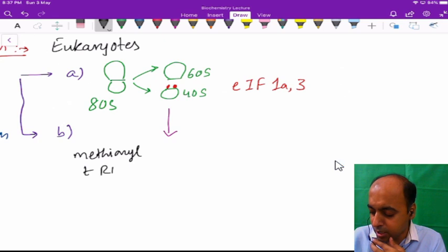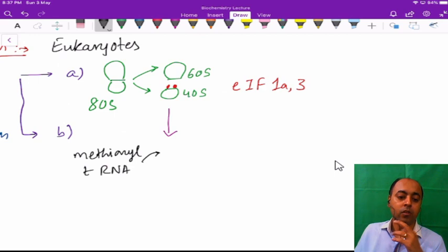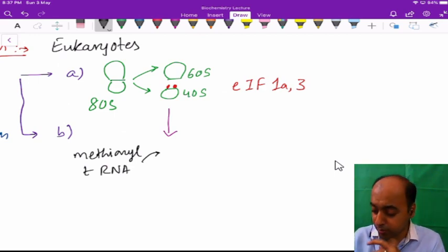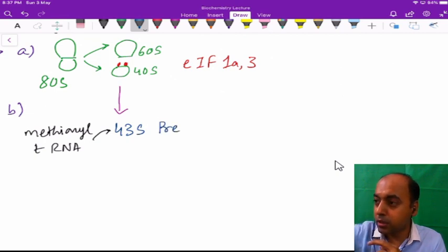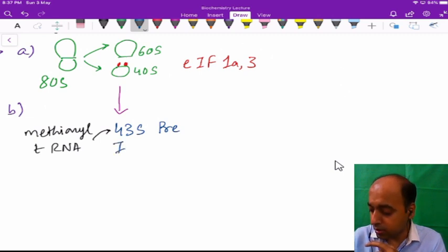It will join the 40S subunit, resulting in formation of the 43S pre-initiation complex.